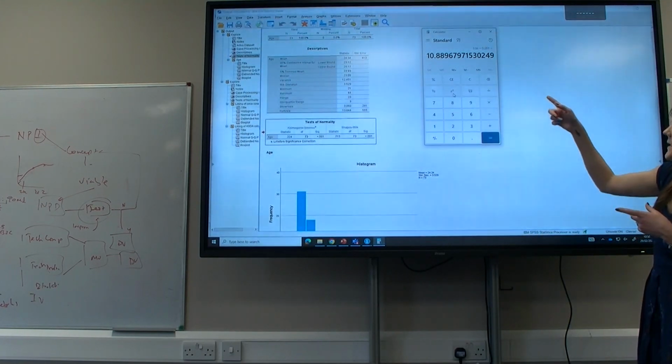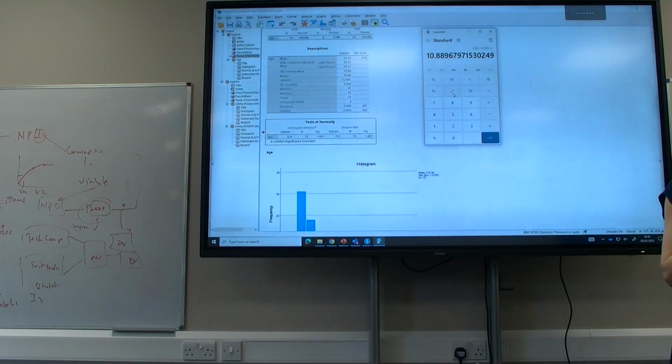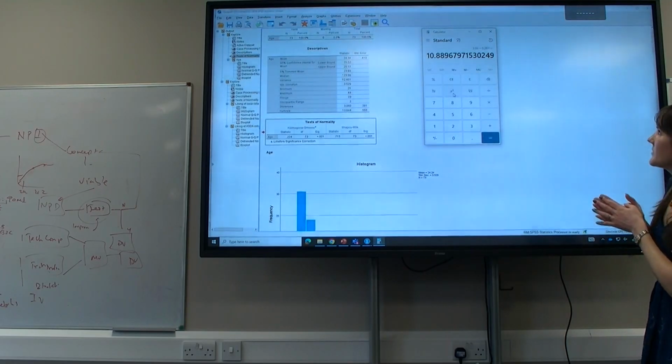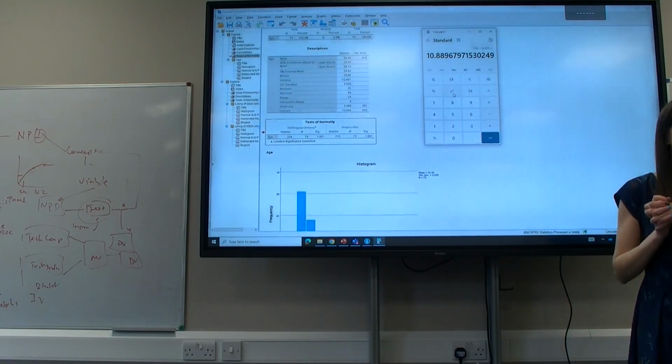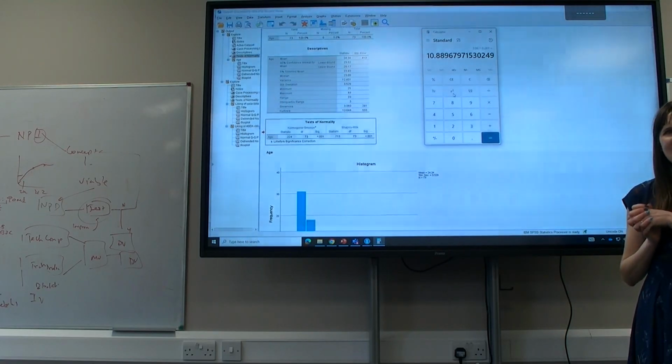You should have got 10.89 if we round it to 2 decimal places. And that is a Z score. That division that we just did is the Z test, which gives us a Z score of 10.89, which is really big. It's much bigger than 1.96.